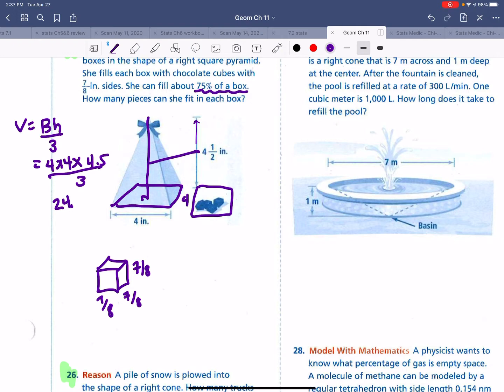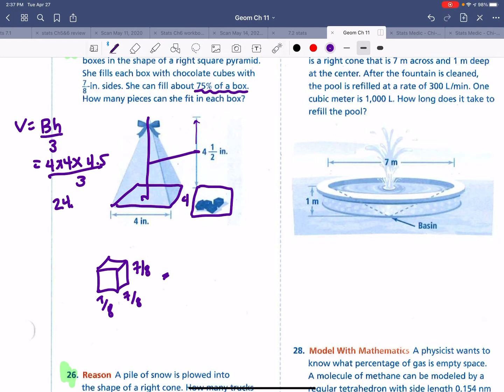Let me try that again. 4 times 4 times 4.5 divide by 3. I get 24. Okay. So the box is 24.